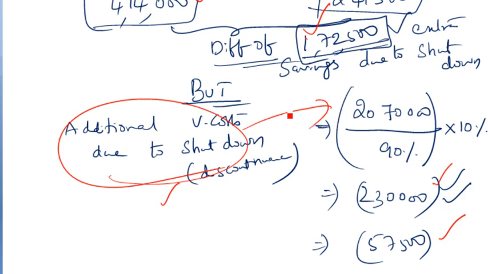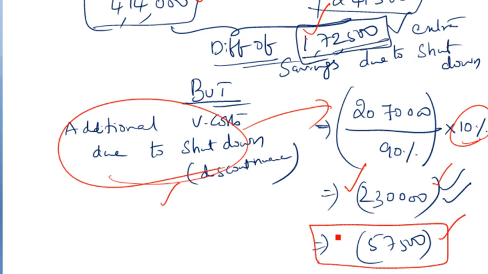If any discontinuance happens, then the cost will go back to 100%, which means the cost will increase by 10%. This 10% increase is only due to what? Discontinuance of division C, which is nothing but shutting down. Therefore, there is a net loss of 57,500 when you take a decision to discontinue division C or shut it down. Therefore, our recommendation would be not to discontinue. You better continue with your division C.